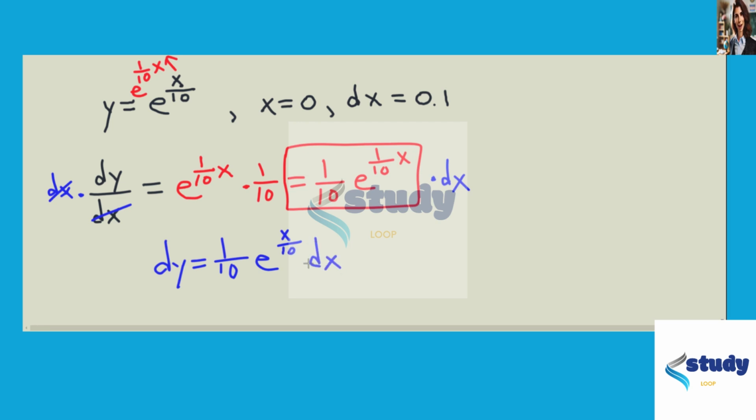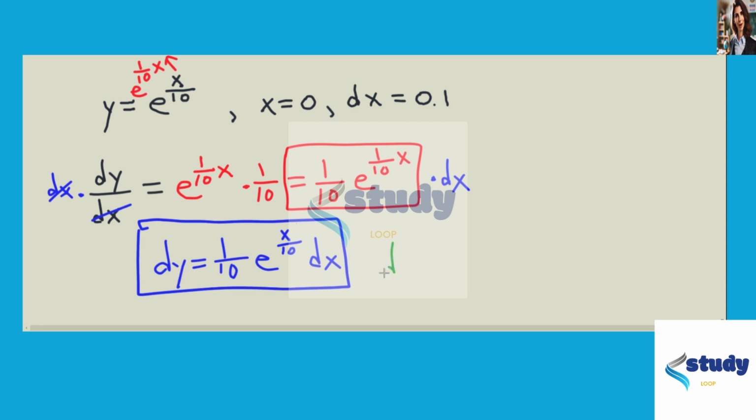So here is our differential dy. Now, if we want to evaluate dy for this particular x, we're going to plug 0 in for x, and for this particular dx, the differential of x, dx is going to be 0.1. 0.1 will replace dx, 0 will replace x.